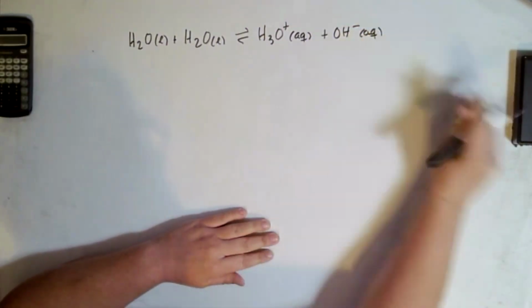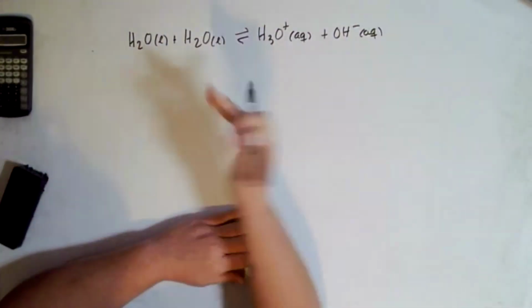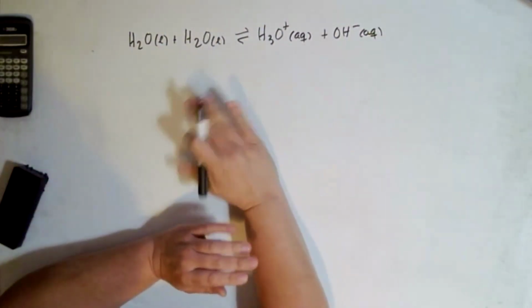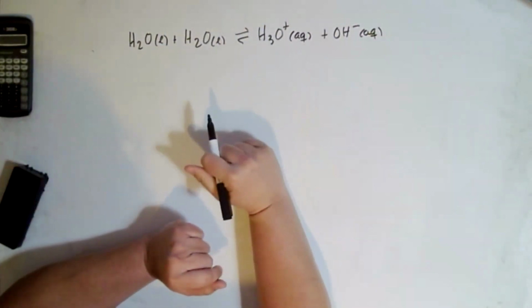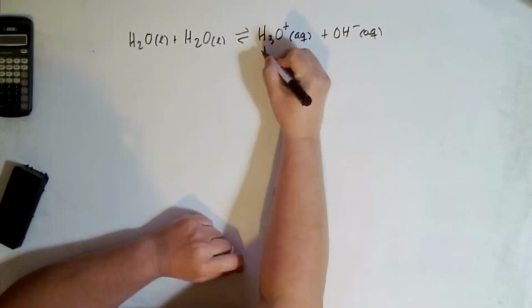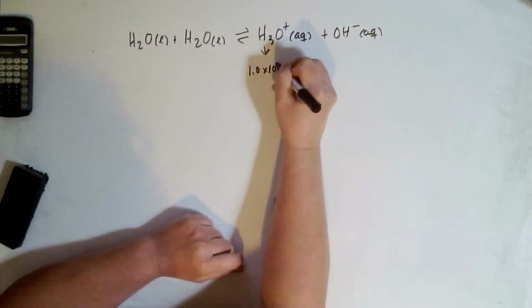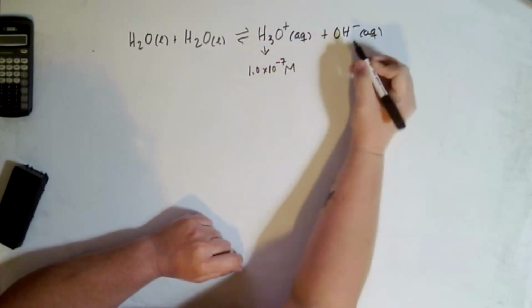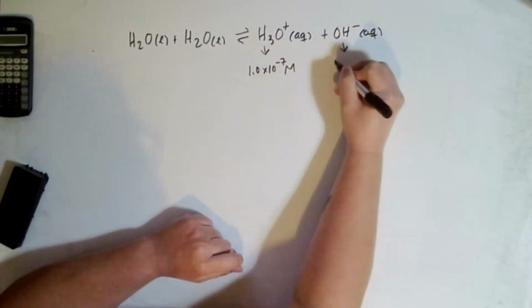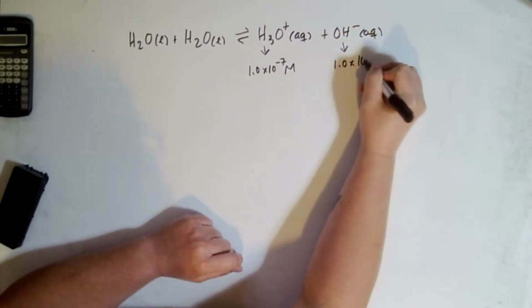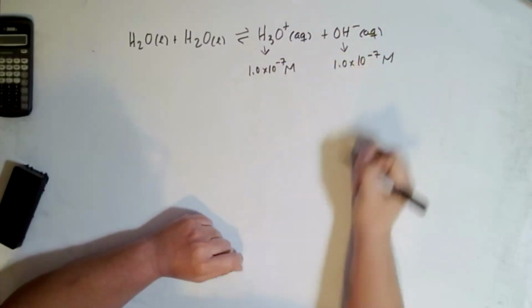And they're telling us that at equilibrium in pure water at 25 degrees Celsius, the concentration of the H3O plus is 1.0 times 10 to the negative 7 molar. And the concentration of the OH minus is 1.0 times 10 to the negative 7 molar.